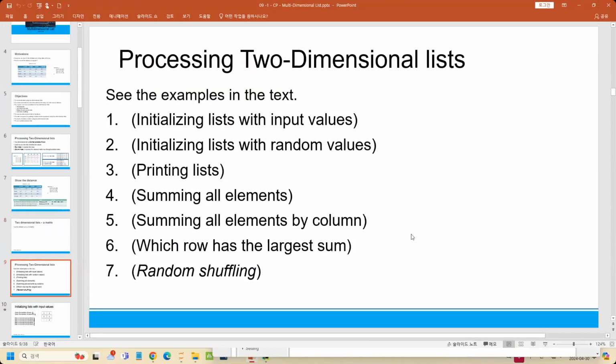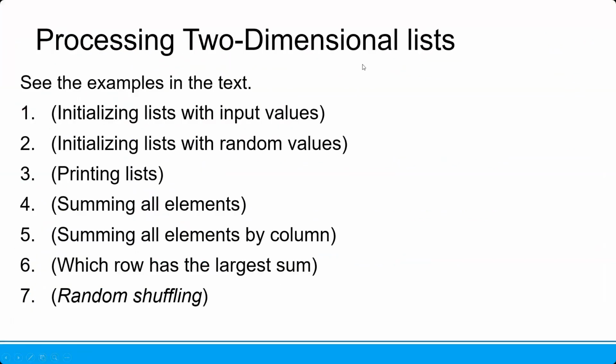Now, there are some processing operations in the two-dimensional list. We already looked at the previous example. We can initialize a list, and we can ask the user to input values, or we can initialize a list using random values.